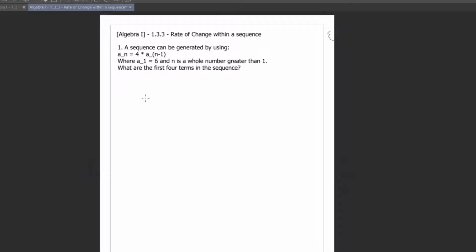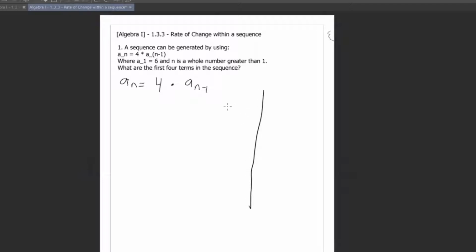Question 1 says a sequence can be generated by using, and let me rewrite this as I'm saying it, A of n equals 4 times A of n minus 1, right? And these are subscripts, n and n minus 1. And I'm going to begin plotting a table.